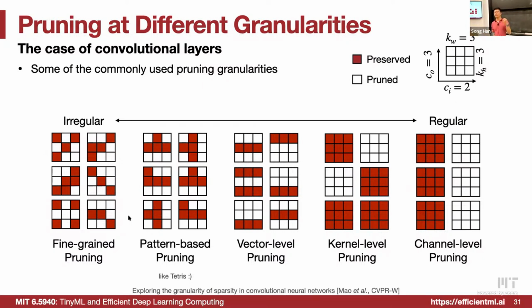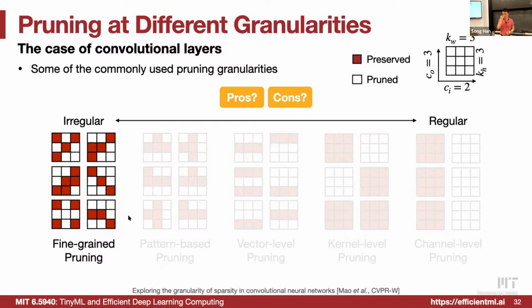And now let's dive deeper into each of them and talk about what is good about it, what is bad about it, what is the trade-off. Everything is about trade-off. So fine-grained pruning is irregular, but it's most flexible. You can have the highest pruning ratio if you're just targeting compressing the weight without worrying about acceleration or parallelism.